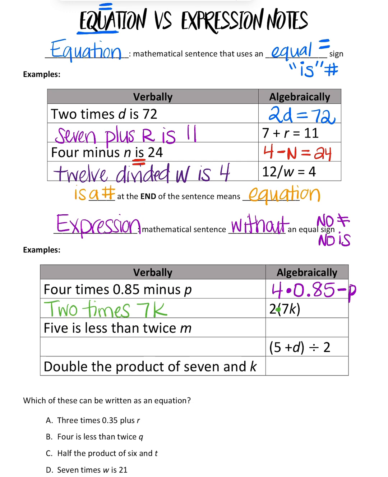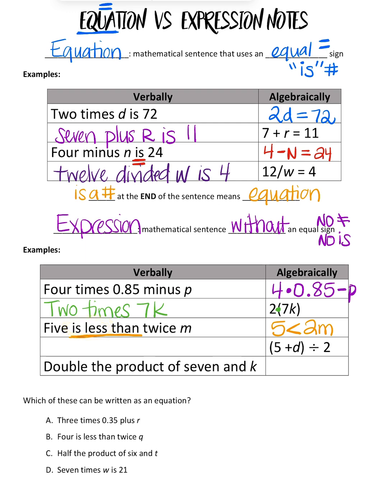So the keyword here is, again, "is less than." And so we're going to have 5 is less than twice m, and twice means times 2, so 2m. Again, "is less than" is an inequality symbol, so it is not going to be an equation. Don't fall for that little trick that they like to use.